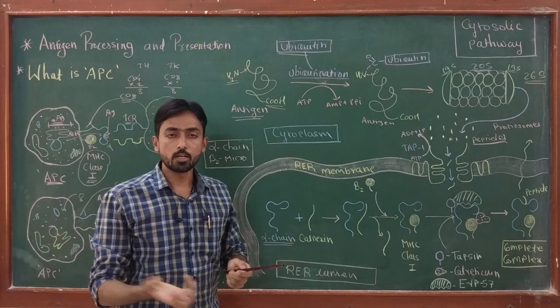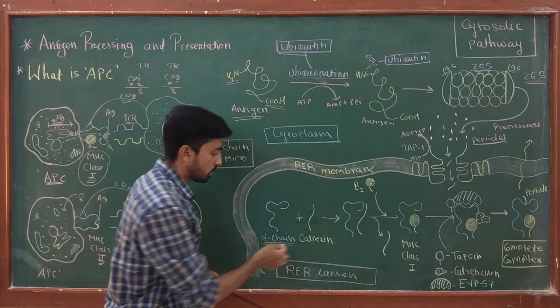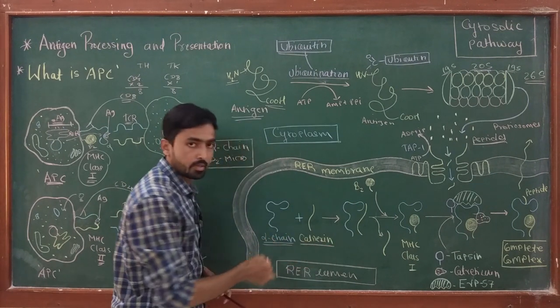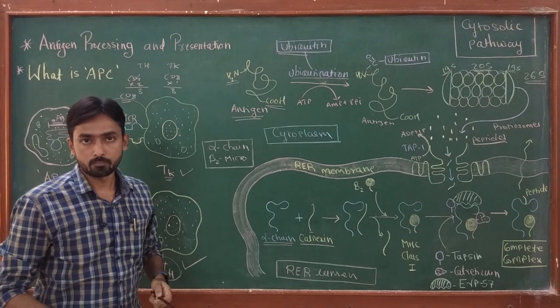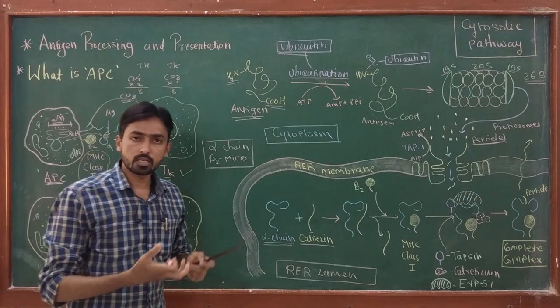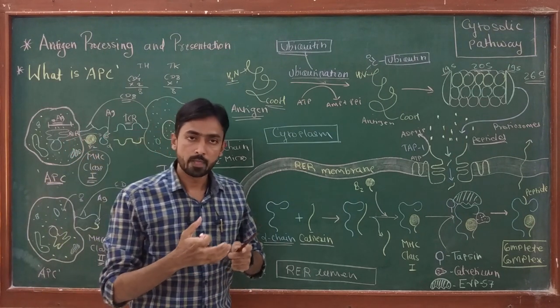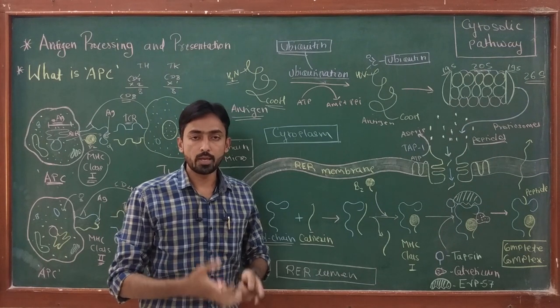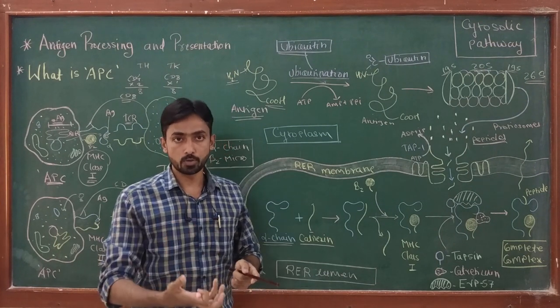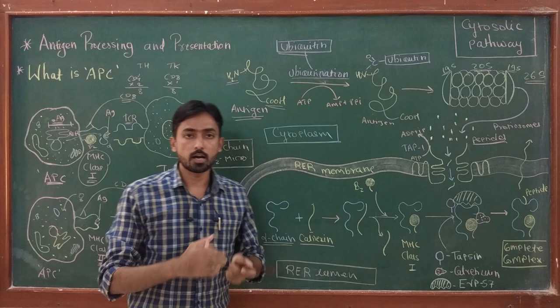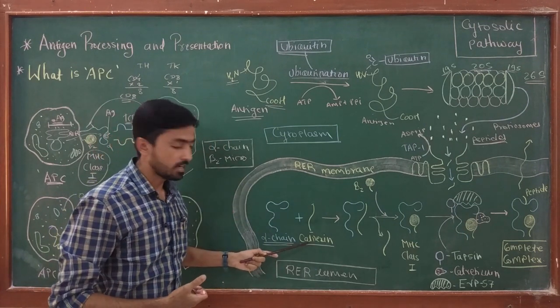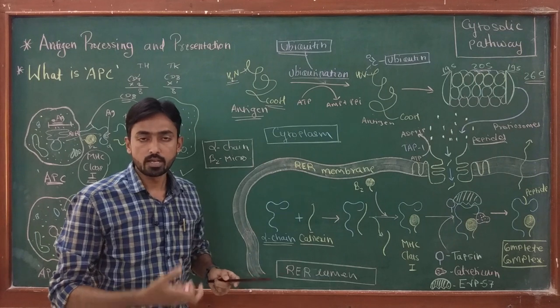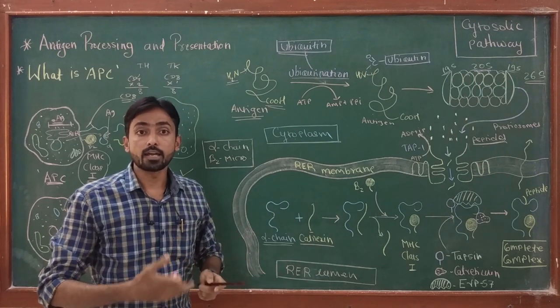Okay, so a new protein comes into action which is called calnexin, and this calnexin protein is a molecular chaperone. Okay, chaperones are proteins present in the endoplasmic reticulum which play a role in folding proteins. Newly formed proteins are folded into the proper conformation by using calnexin or chaperone proteins, and after folding the protein gets activated.